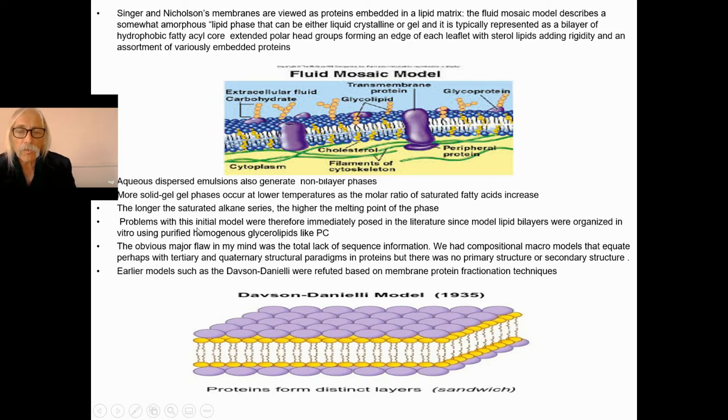Now, it was learned that there were problems with the initial model, and so it was immediately posed in the literature that since model lipid bilayers were organized in vitro using homogeneous glycerolipids like PC, it could be that when you have a native membrane from a cell, which is not going to be homogeneous with a particular lipid, just a polymer or a macromolecular structure of phosphatidylcholine, that you're going to generate all different kinds of microstructures.